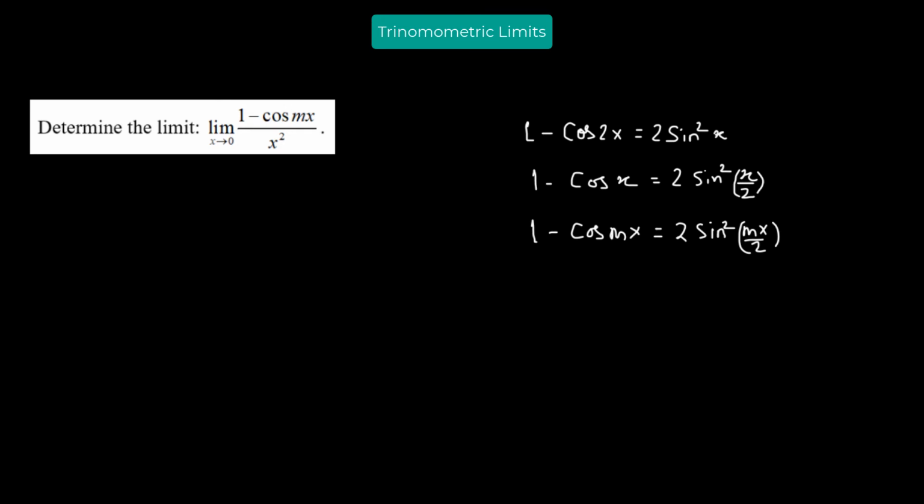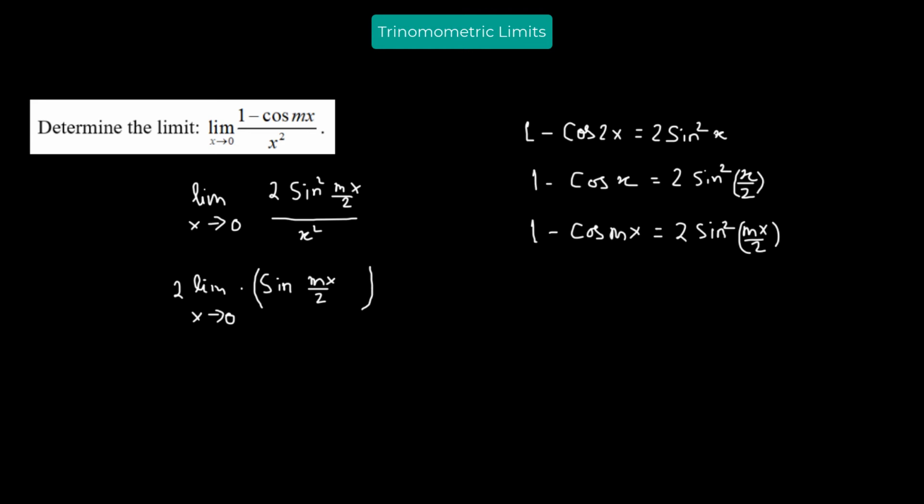So let us substitute this value into the function. So we have limit x tending to 0, 2 times sine squared mx over 2 divided by x squared. So we have limit x tending to 0, 2 times sine mx over 2, leaving some space here.